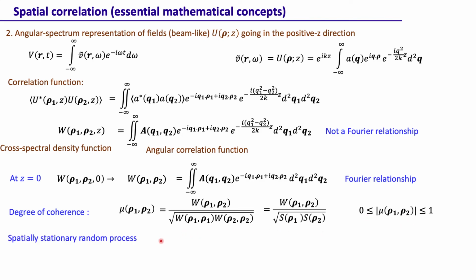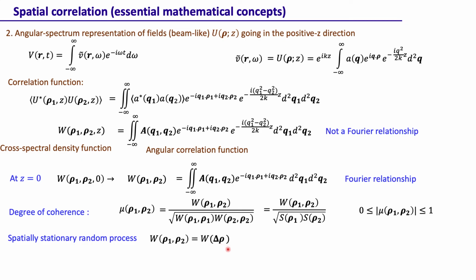Okay, now if the random process is spatially stationary, then we saw that the correlation function has to depend on the spatial coordinates only through the difference. So W(rho1, rho2) has to be a function of delta rho only.